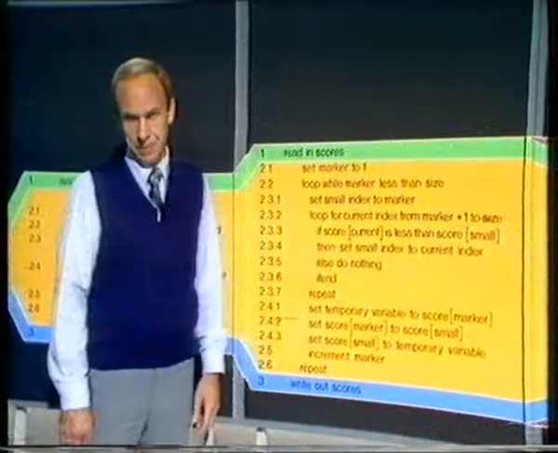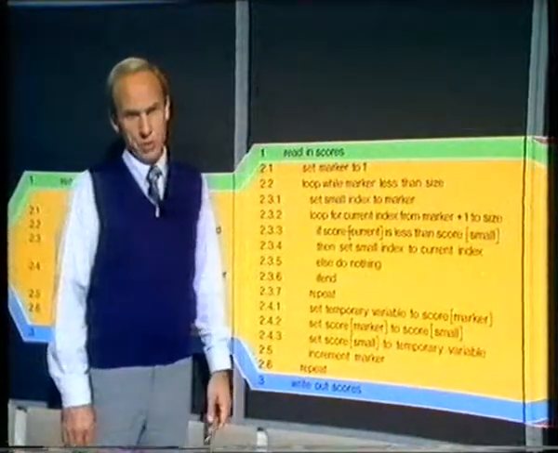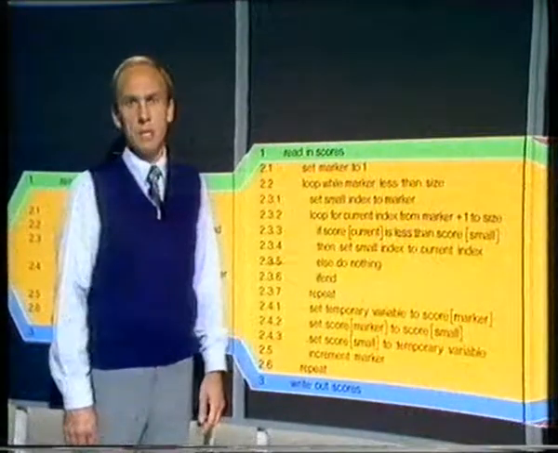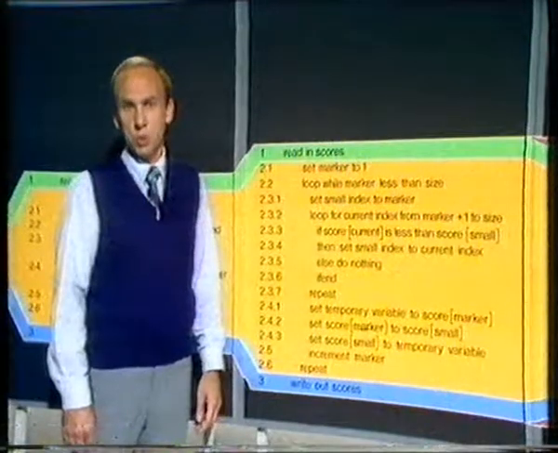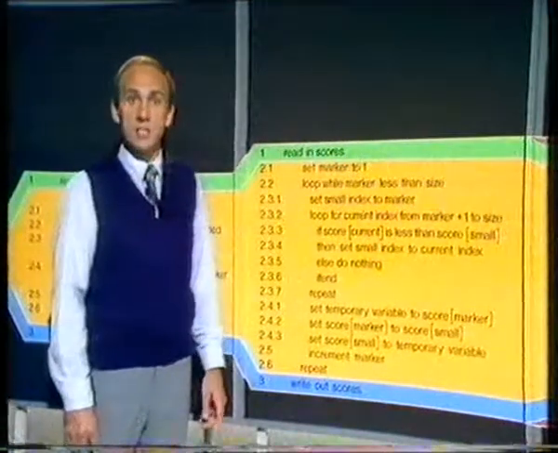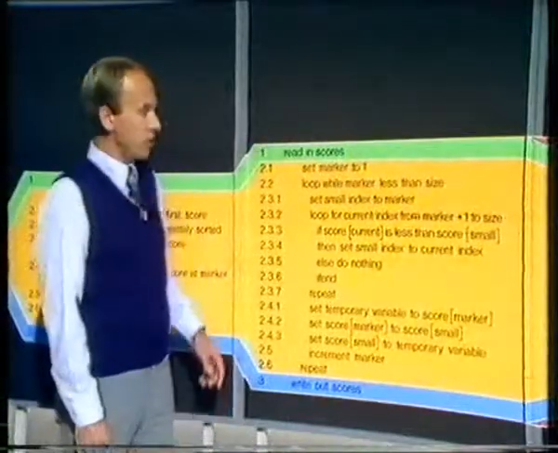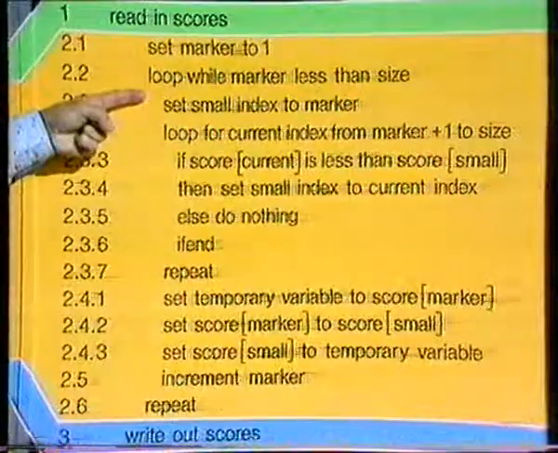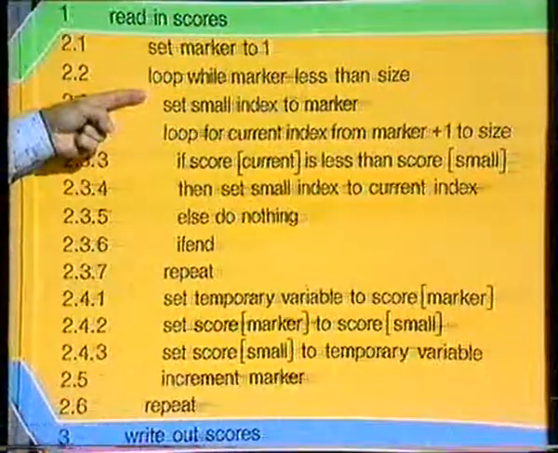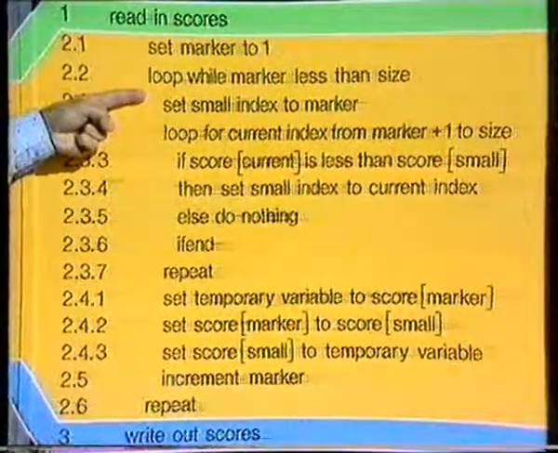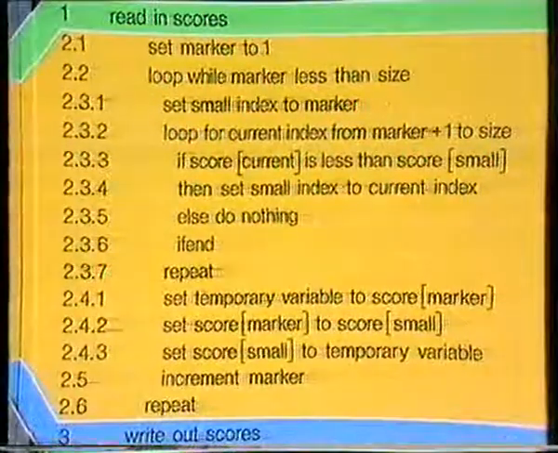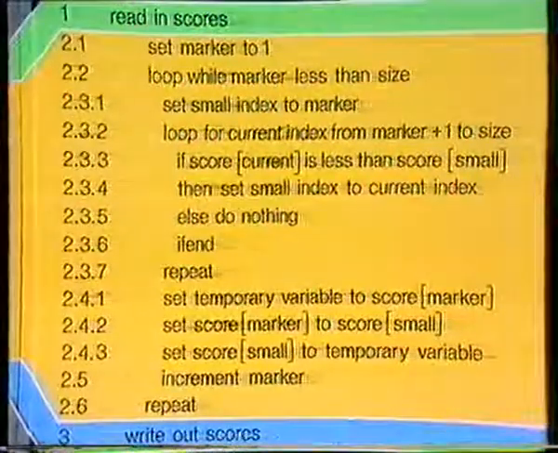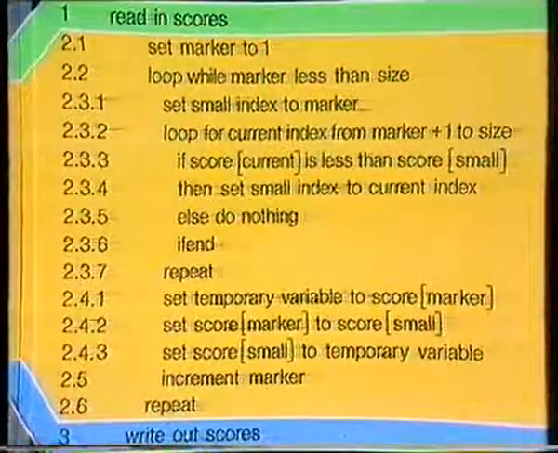Well, how do we get that? Now, when we start this process, when we go through the unsorted list, the first score that we meet must start off as the smallest score so far. So let's initialize this loop by setting the index of the smallest one so far to be the first element in the loop. And that's pointed to by marker. Now, if the first unsorted score is the smallest one so far, then we have to compare it with all the other unsorted scores.